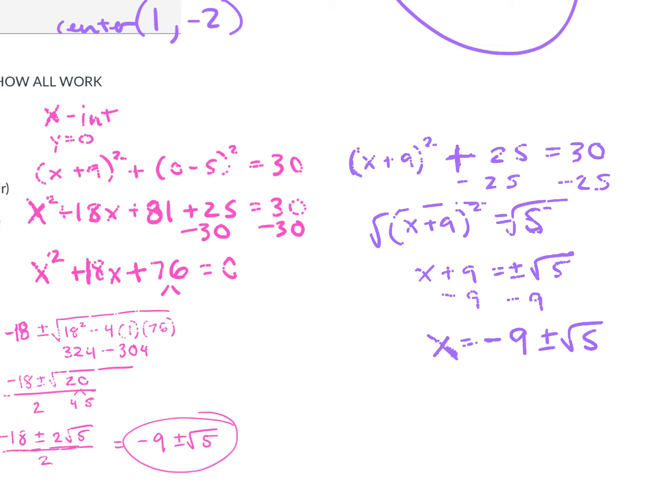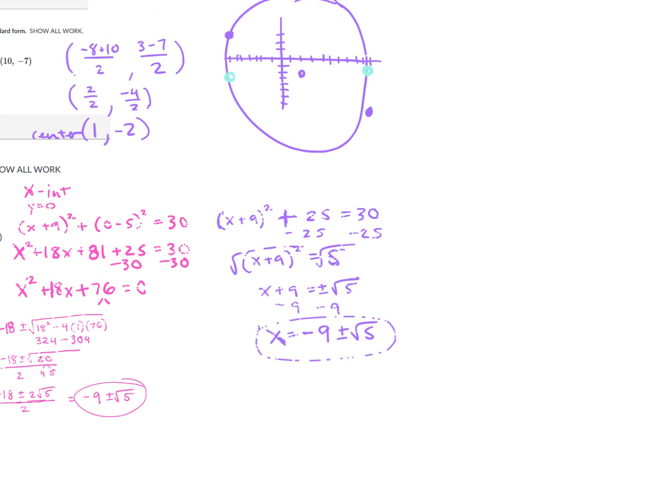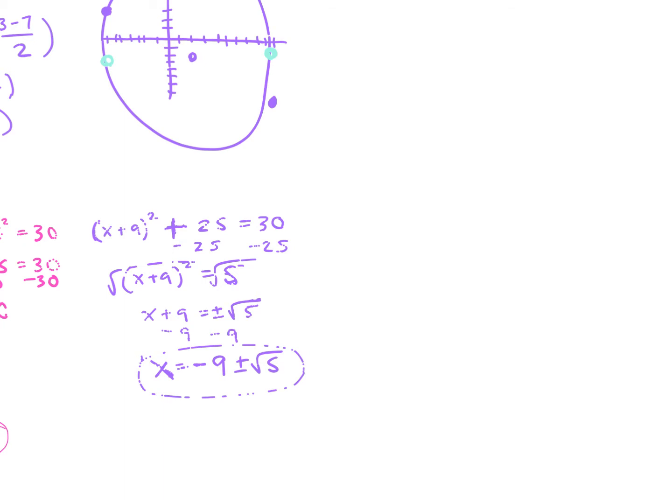How do we find the y-intercept? You make x 0. We make x 0. So we have 0 plus 9 squared plus, this was y minus 5 squared, is equal to 30. So 0 plus 9 squared is 81. I'm going to subtract 81 on both sides.